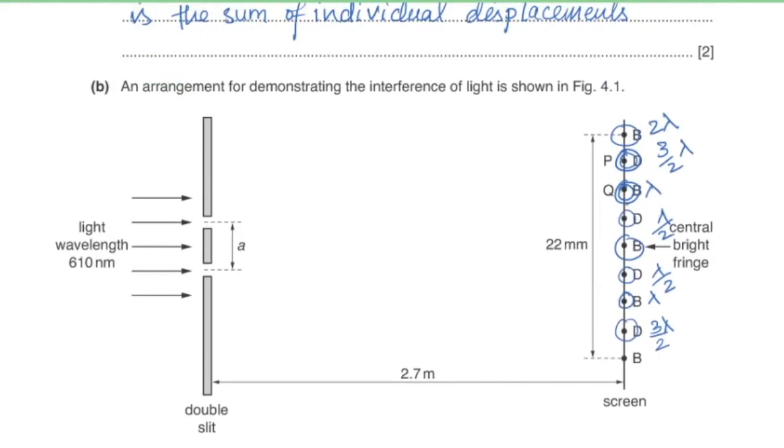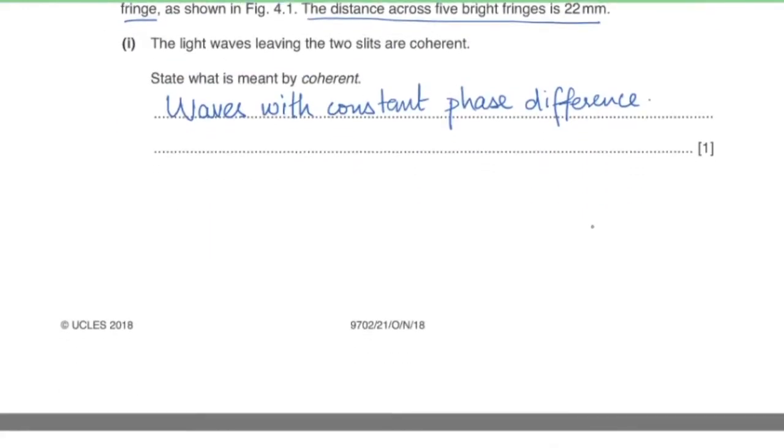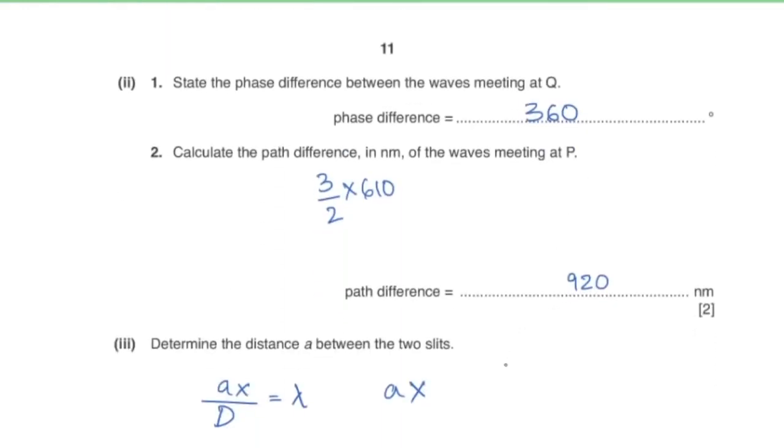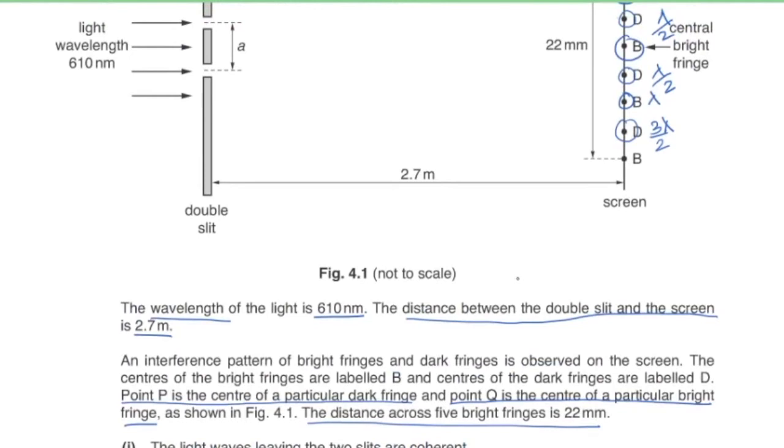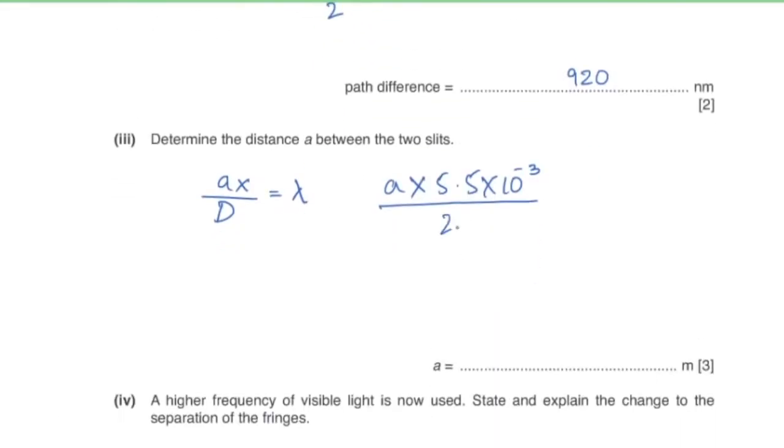So between two bright fringes, it's going to be 22/4, which is equal to 5.5 into 10 to the power of -3 meters, divided by the distance between the slit and the screen. So that's 2.7 meters.